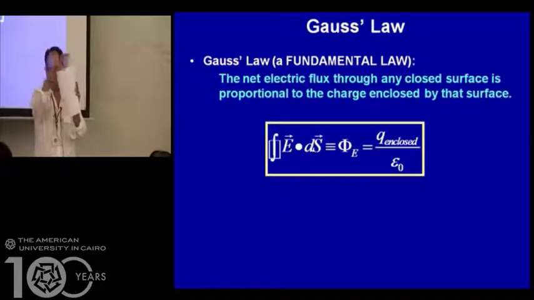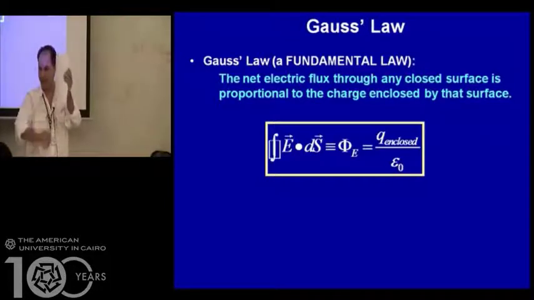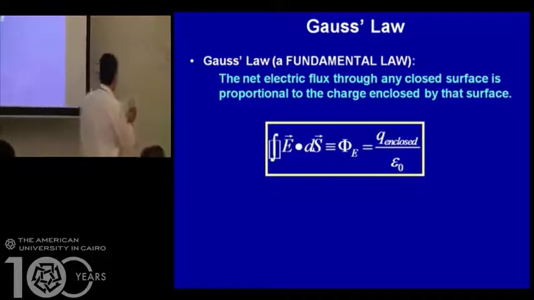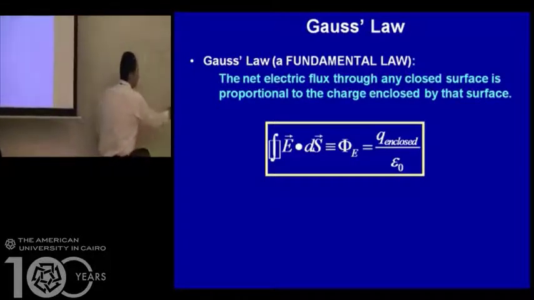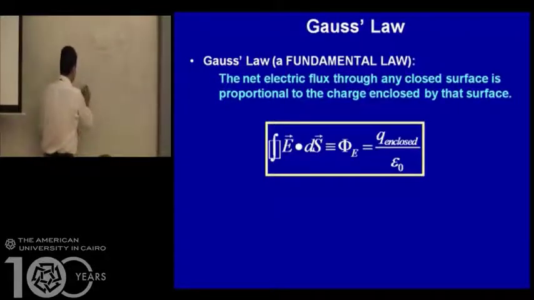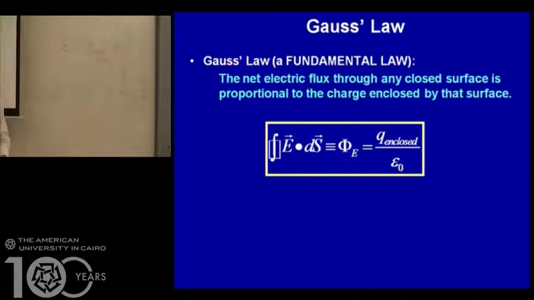2 pi r, times L, times H. That's the area of that round shape, not the cylinder, only that shape.